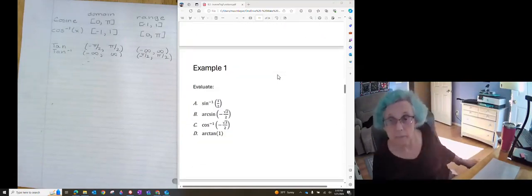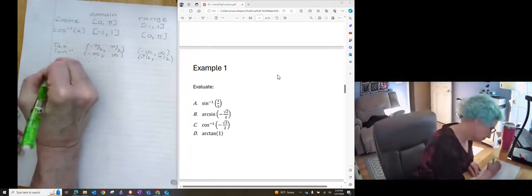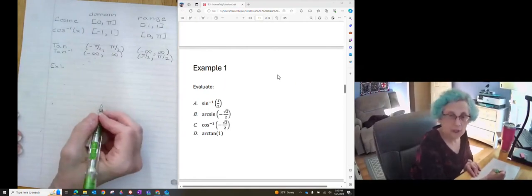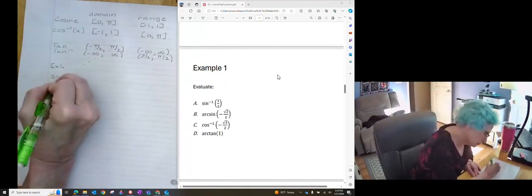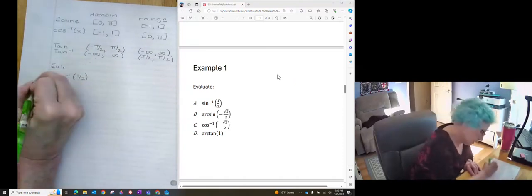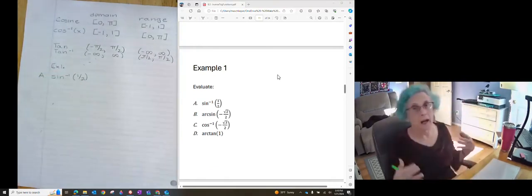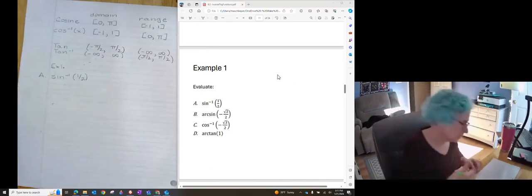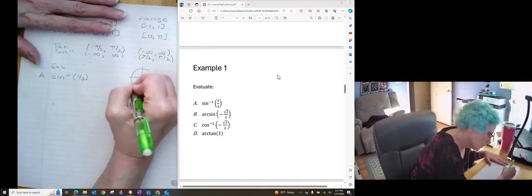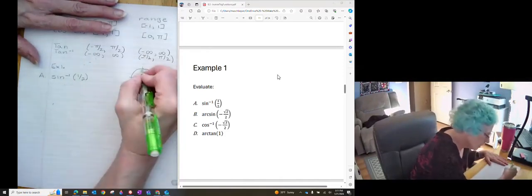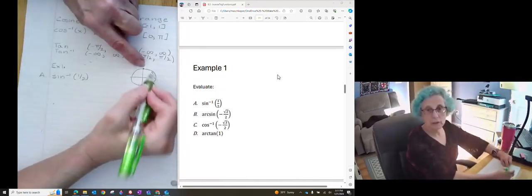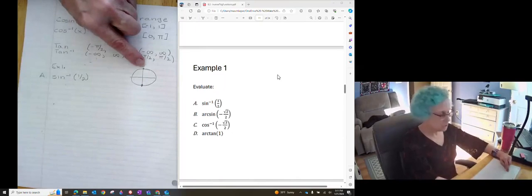So let's do some evaluating. We want the inverse sine of 1/2. And I always think about the unit circle. So I'm going to draw myself a little unit circle. For inverse sine, I'm looking for an answer over here on the right-hand side of the unit circle.